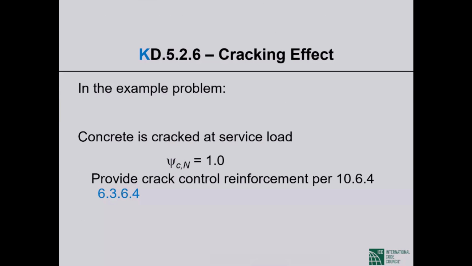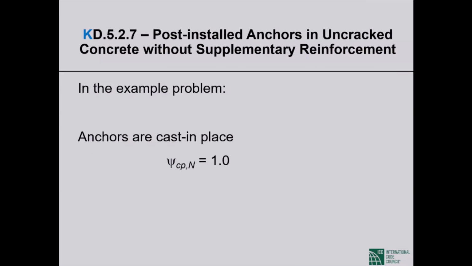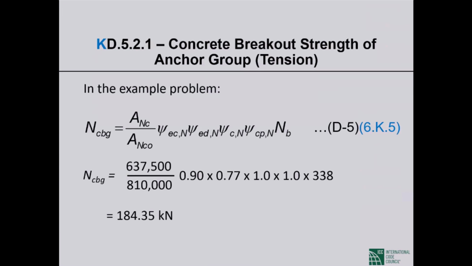Our concrete is cracked under service level loads. It was said in the problem statement. So we have a correction factor for cracking of 1.0. Okay, I said it before putting on the slide.